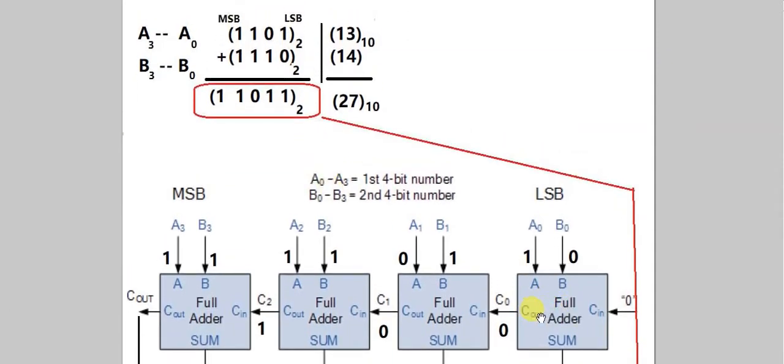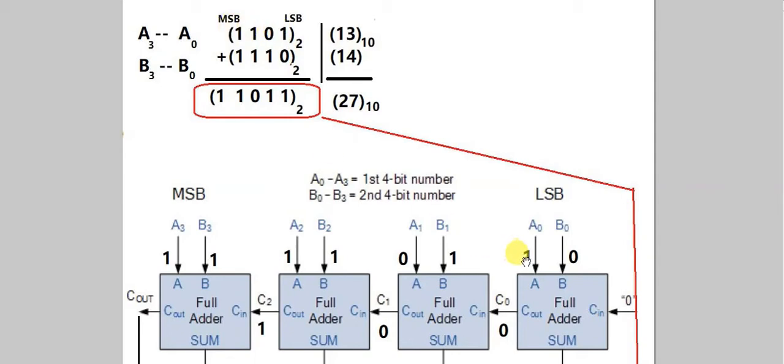Starting from the least significant to the most significant, we have 1 0 1 1 for all the A's, then for the B's 0 1 1 1.